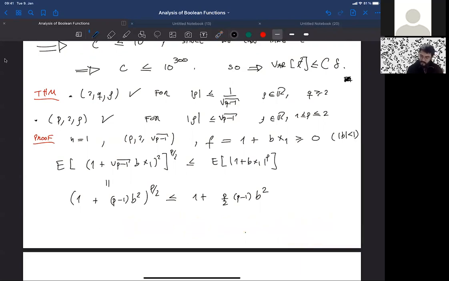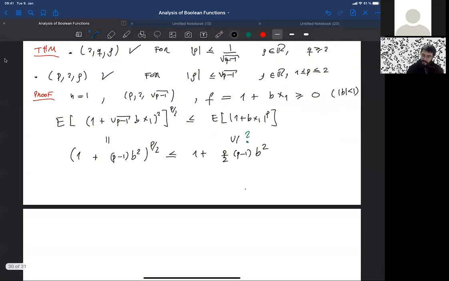Okay, so the question is, is this true? Okay, but then what's this guy? Well, this guy is just this because this internal bit is positive and b is less or equal than 1.